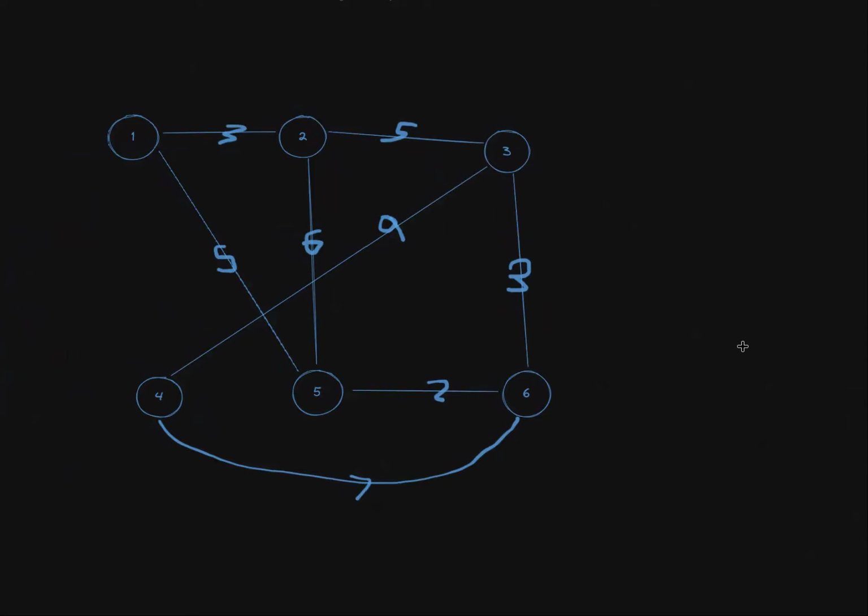Alright, so what's a spanning tree? A spanning tree is just a tree made from a graph that has all of the nodes of that graph, but only has enough edges so that there's a path between any two nodes in this graph.